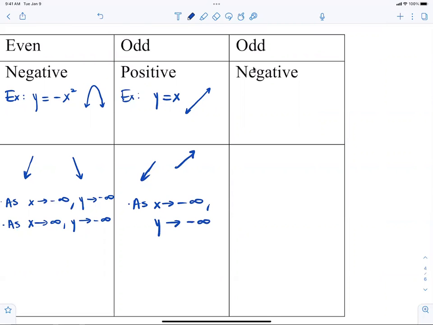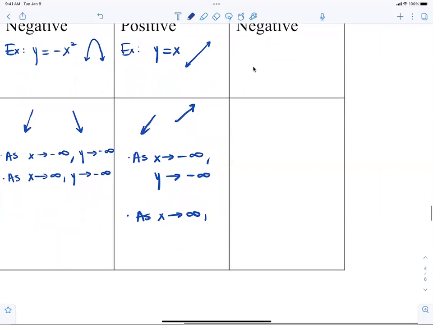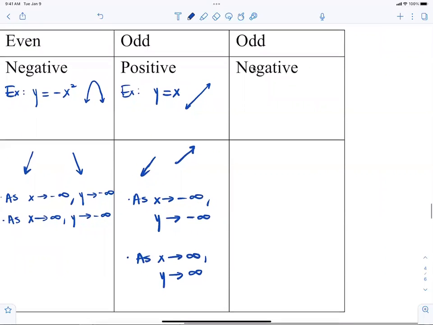So if you have a third degree polynomial, fifth degree polynomial, and you're raising a really small negative value to the third power or the fifth power, that's going to give you an even smaller value. So it'll end up approaching negative infinity. And then as x approaches positive infinity, y will also approach positive infinity.